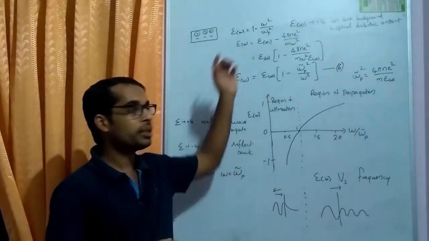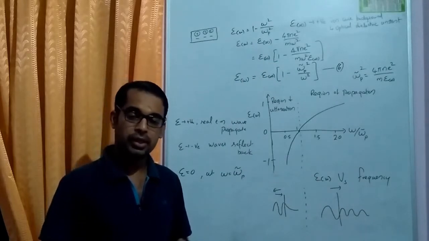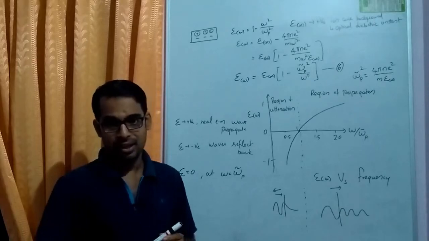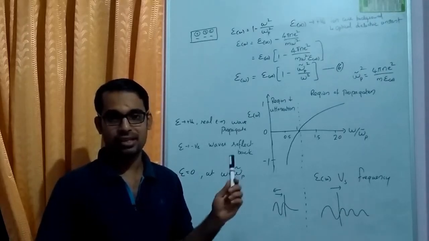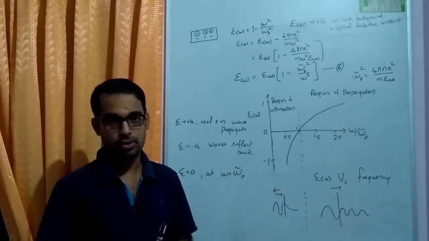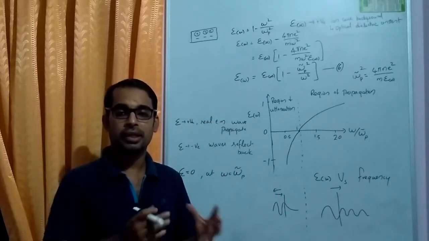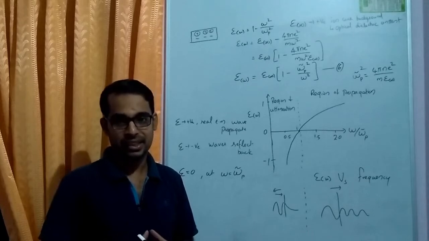In order to derive this, we considered the free electron equation of motion of an electron in an electric field. So we just considered the electrons as free electrons. But in a plasma medium, there will be an equal distribution of positive and negative charges.